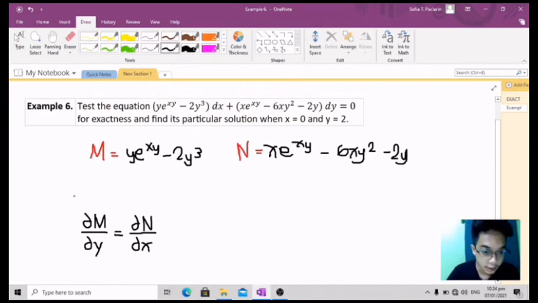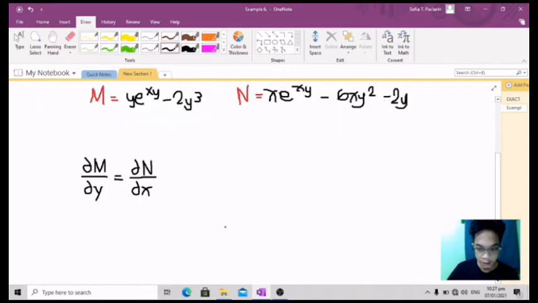We can now proceed to this condition where we are going to test if this differential equation is exact.